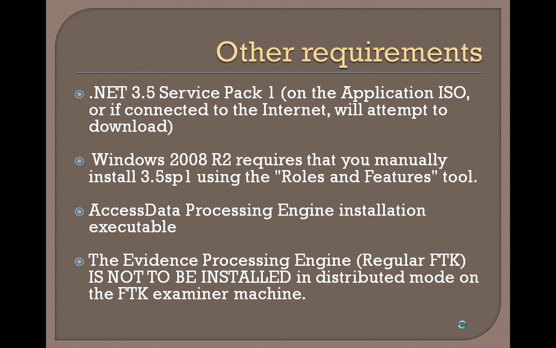You'll need the AccessData Processing Engine installation executable for the worker machines in addition to the normal FTK installation procedures, which we'll do later in the course. Keep in mind, do not install the full AccessData installation or evidence processing engine on the worker machines. The only thing that can exist on the worker machines in terms of FTK is the distributed processing engine. That's all you can put on it.